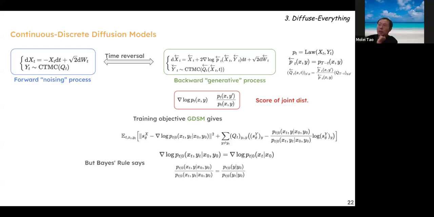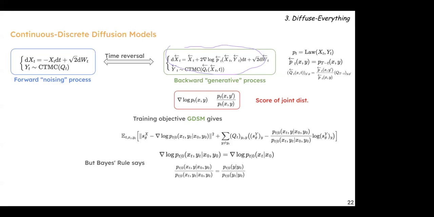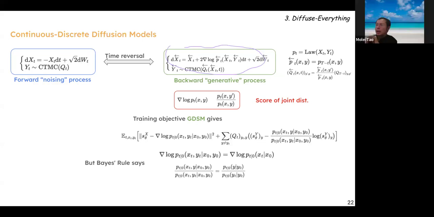I think it really depends on how you discretize the backward process. At the continuous level, these X and Y are all coupled. Then if you discretize, there's no reason that X and Y only change one by one. I think it's really dependent on how you implement it.